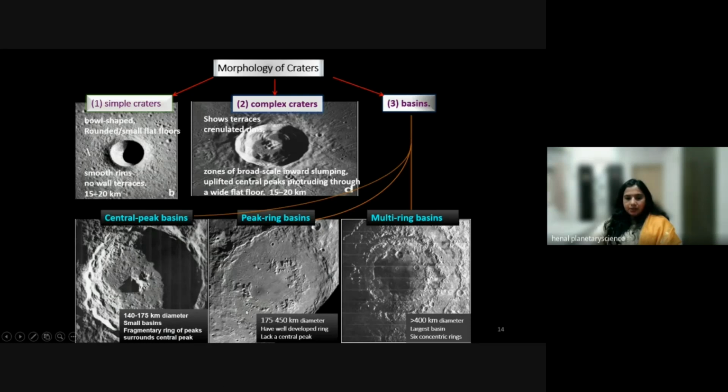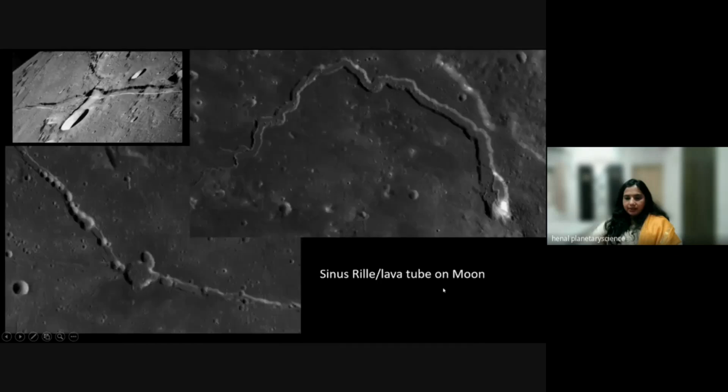Peak ring basins vary in diameter from 175 to 450 kilometers, and they have a very well developed ring but lack the central peak. And the third one is the multi-ring basin, more than 400 kilometers in diameter, with many concentric rings.